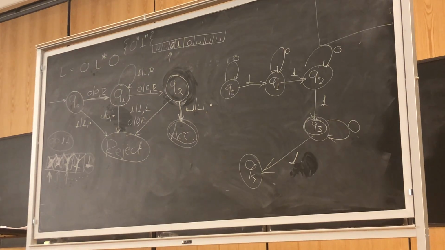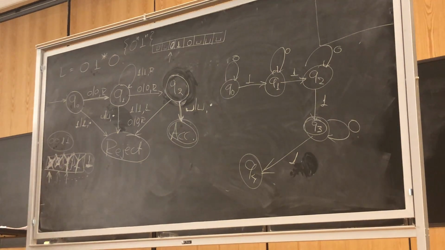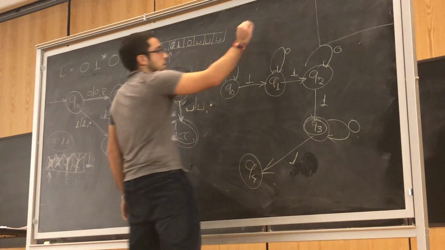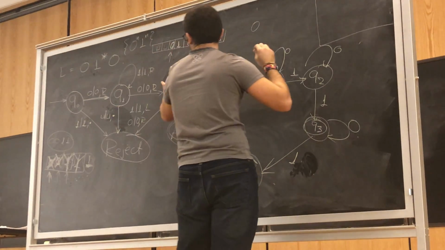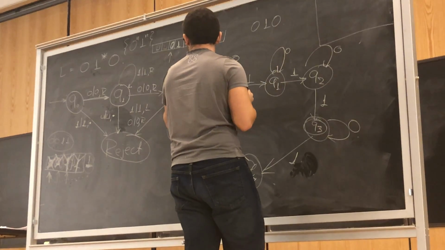Any questions? For Q2, what about 0-1 and 1-0? Would that go to the reject state? Shouldn't it? It means that you have whatever input string that has reached Q2. So let's say that this one is the one that you have.